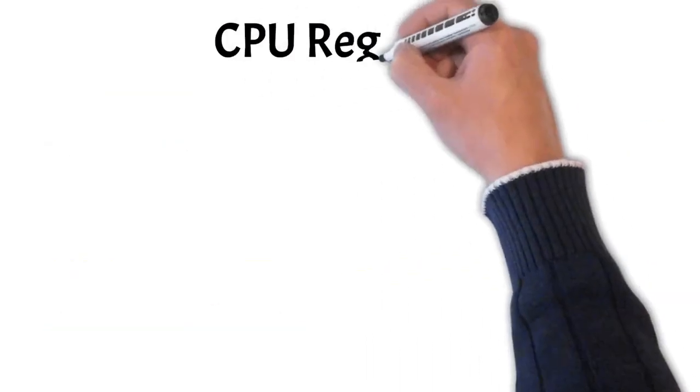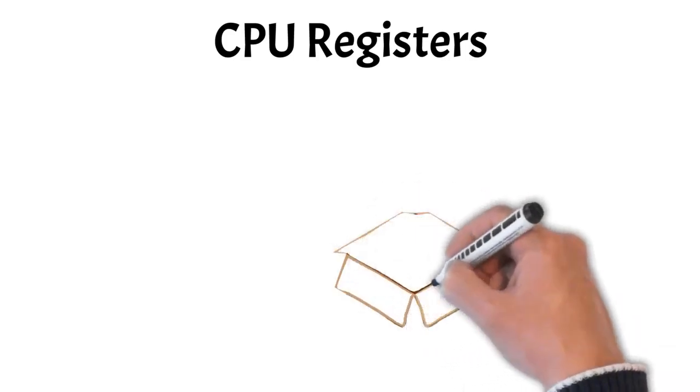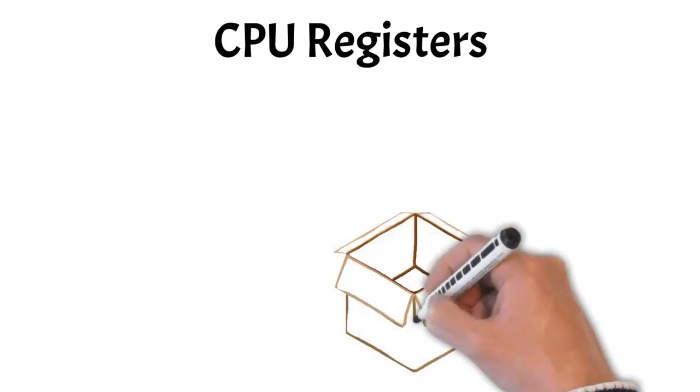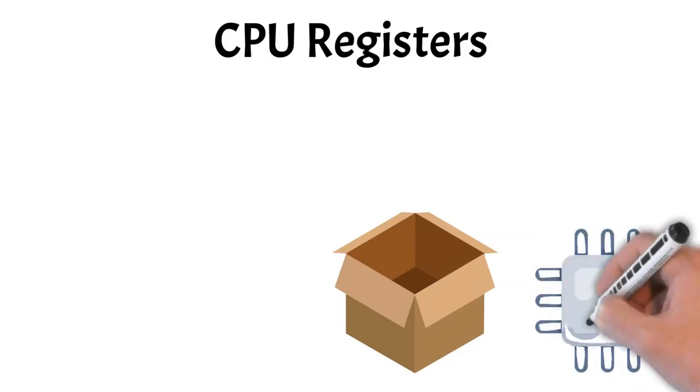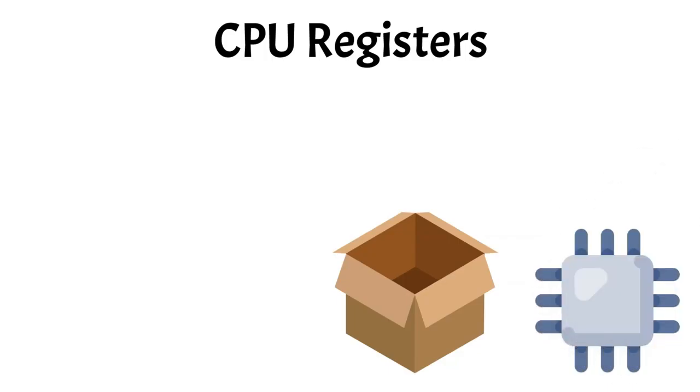Next, let's take a closer look at the CPU registers. CPU registers are small, high-speed storage locations within the processor that hold data and instructions temporarily during computation. They play a crucial role in the execution of programs, as they provide the fastest means for the CPU to access and manipulate data.